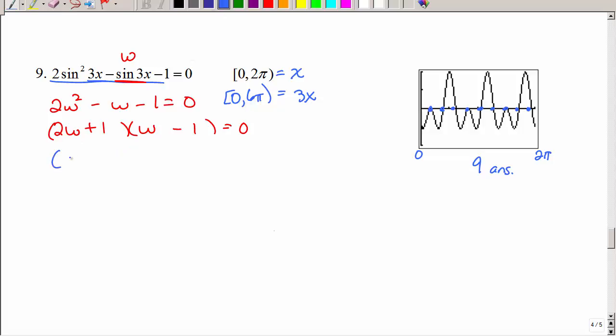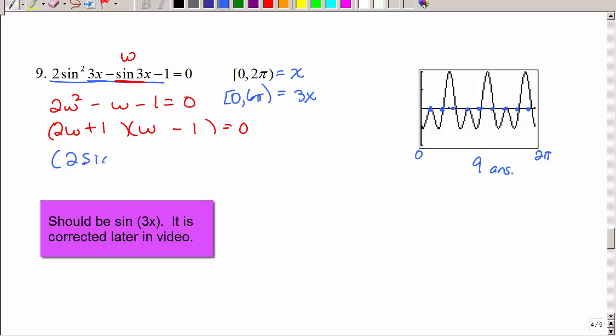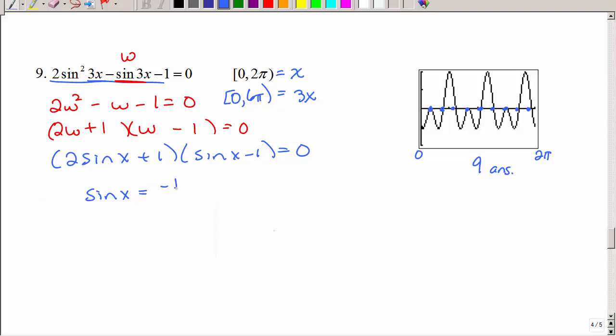So now I'm going to write what w is. That's the sine of x. Set that equal to 0 and solve. So I'm going to subtract 1 and divide by 2 and add 1. Yay! No calculator. These are values that I should know.